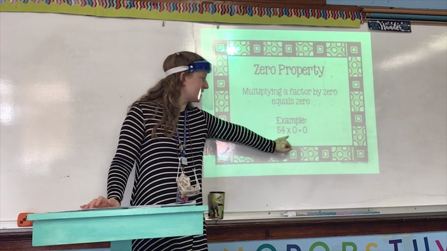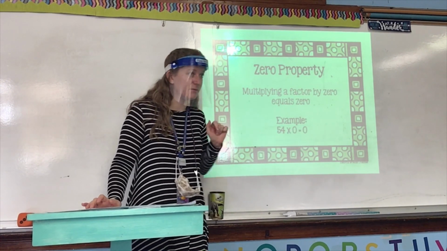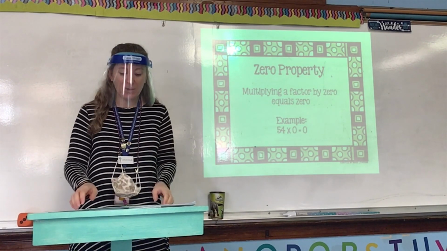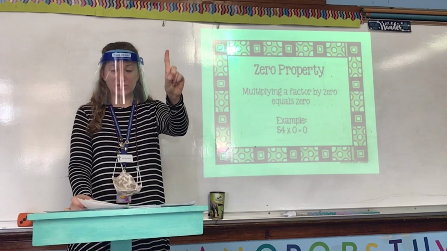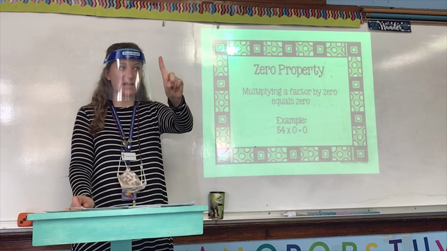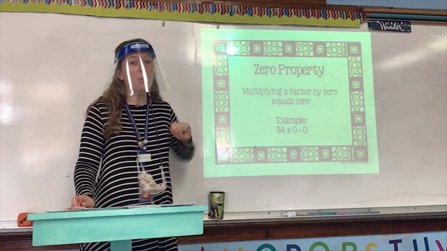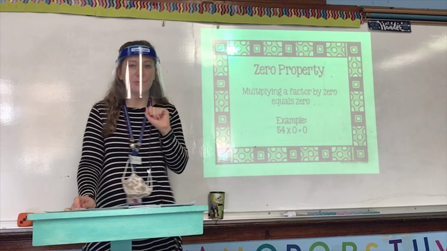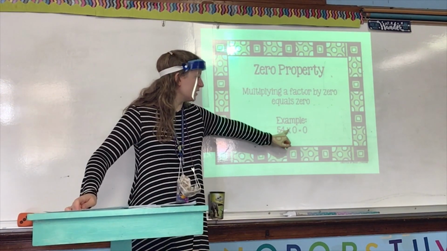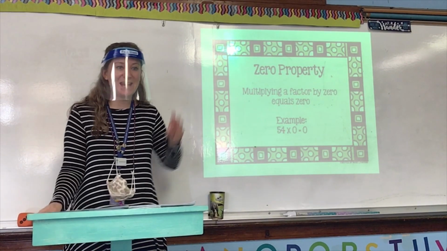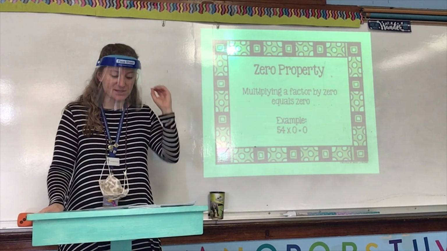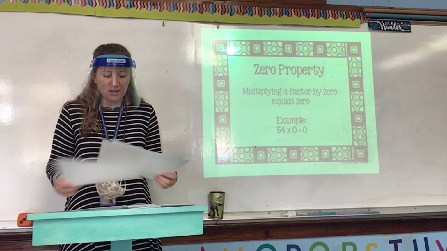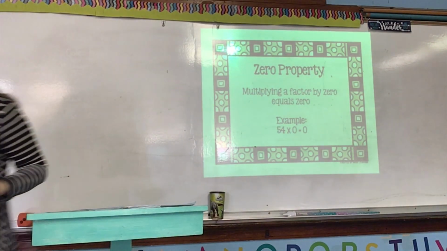So 54 times 0 equals 0. So the identity property has to do with 1. Multiplying any number by 1 equals that number. The 0 property has to do with 0. We can tell because it has 0 in the name. So 54 times 0 equals 0. Any number times 0 equals 0. Look at the next page.